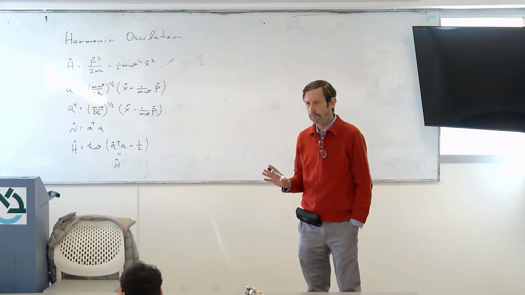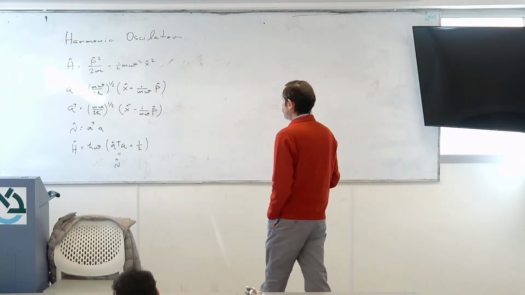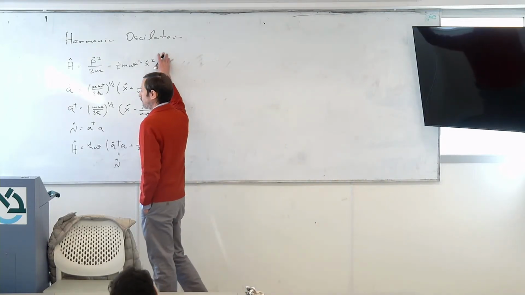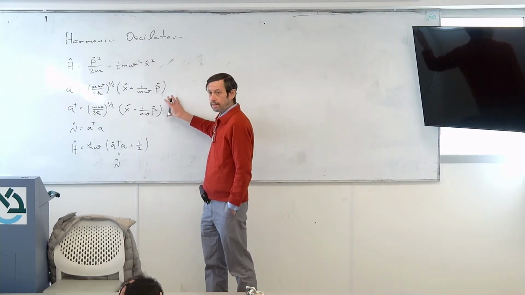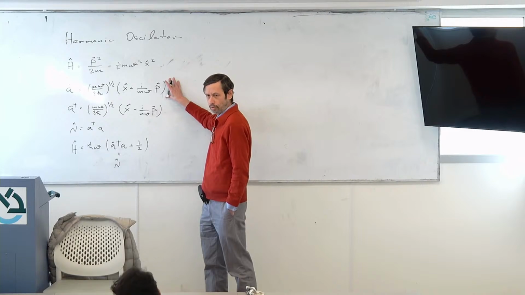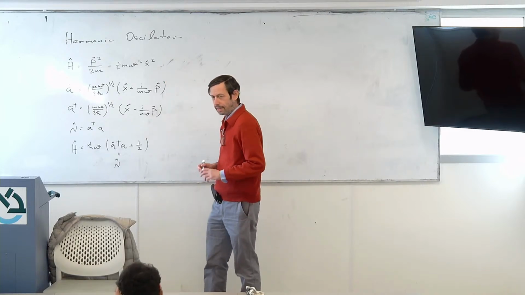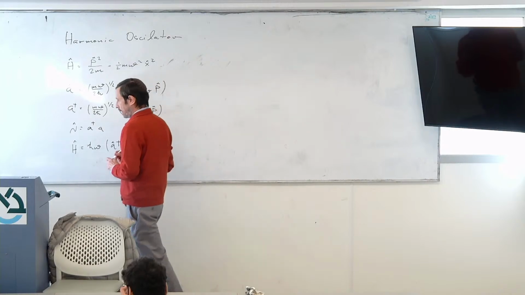And I just wrote down what we did in the previous lecture. Basically, we wrote down the Hamiltonian. For no good reason, we expressed it in terms of these two operators, and we gave them names.